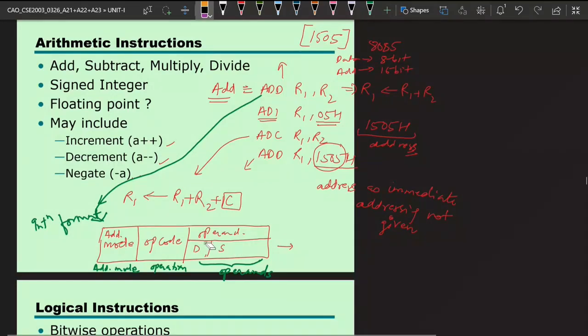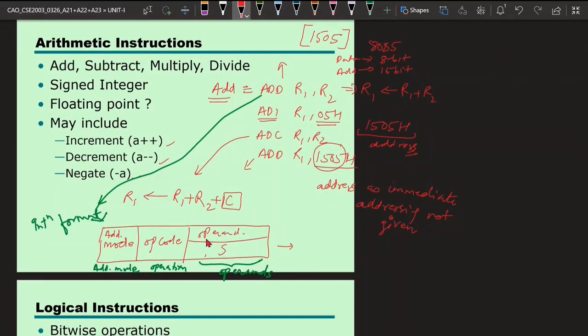If it is a one address type of instruction, there will be only one operand. We can consider it as the source, and the destination will be the accumulator in that case.